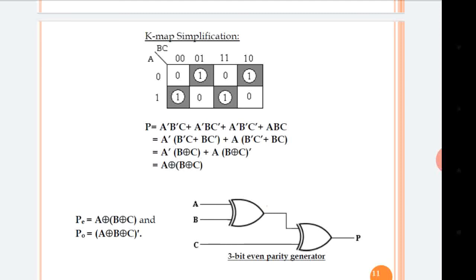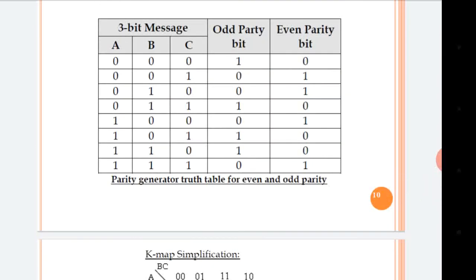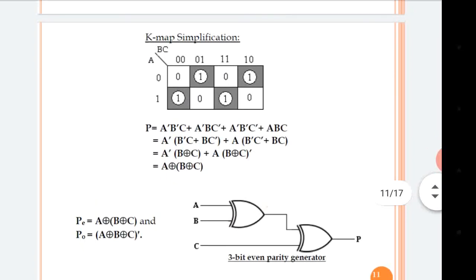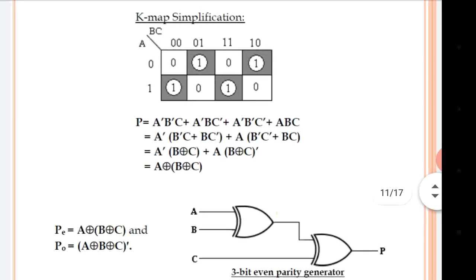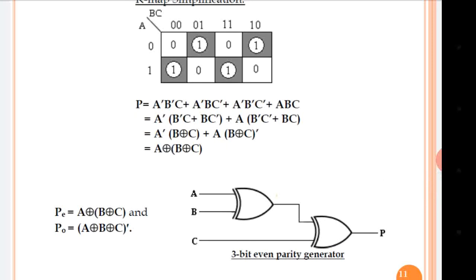for even parity data. So this is the K-map solved for even parity bits, and grouping is not possible because adjacent ones are not present, all are singles. So finally we will get the expression A XOR B XOR C for even parity.